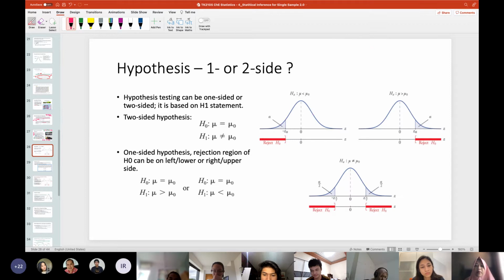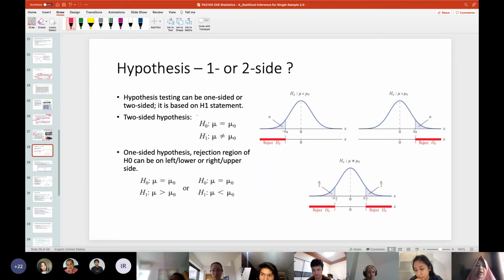Go back to here, yeah. So the hypothesis testing can be one-sided or two-sided, based on the H1 statement. Go back to the H1 statement in our previous case, for example, the steam coal or the effluent mill, the second previous one.